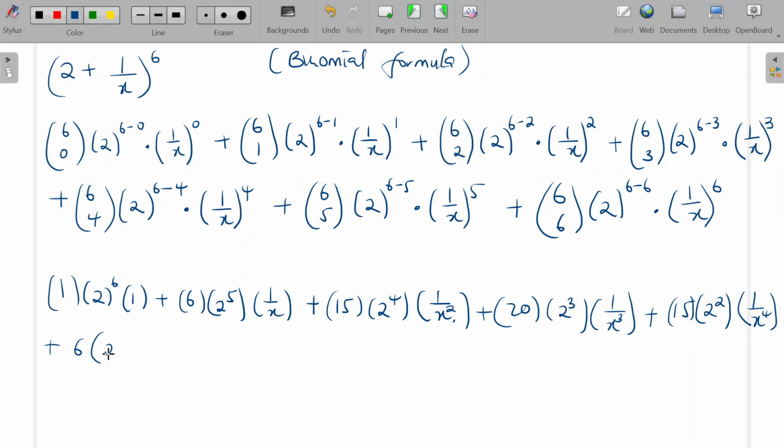Then you're going to have a 2 raised to power 1, then you're going to have 1 over x to the power 5. So it's the same as just having a 2.